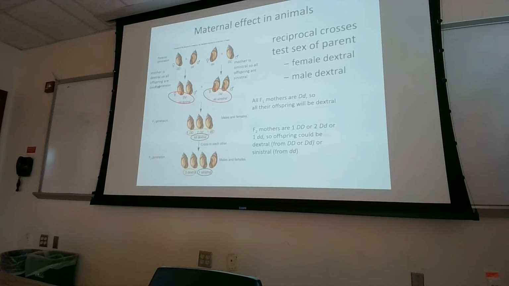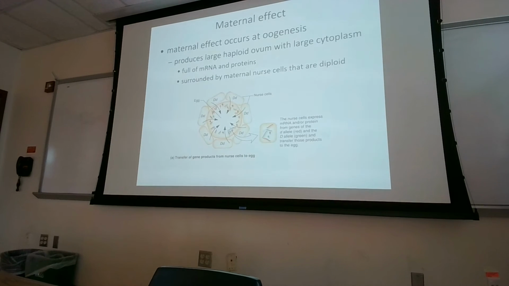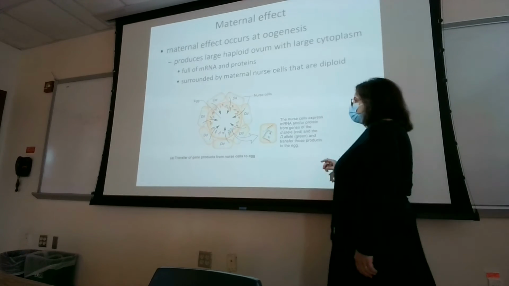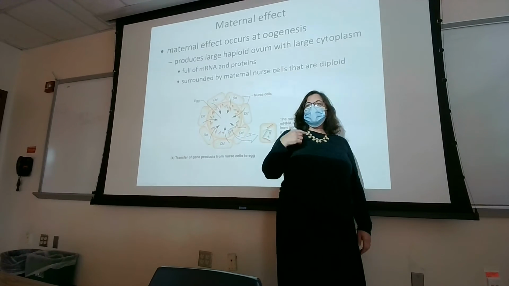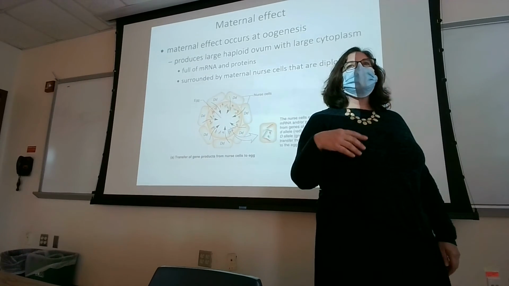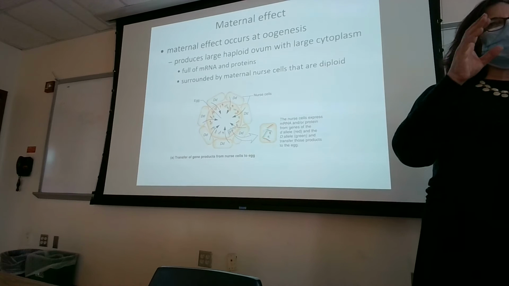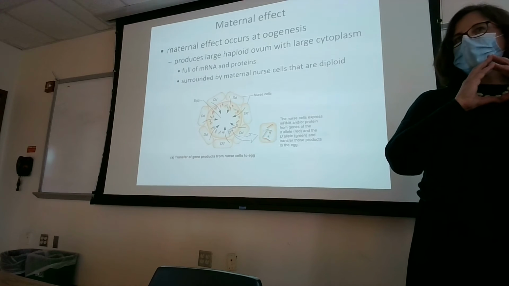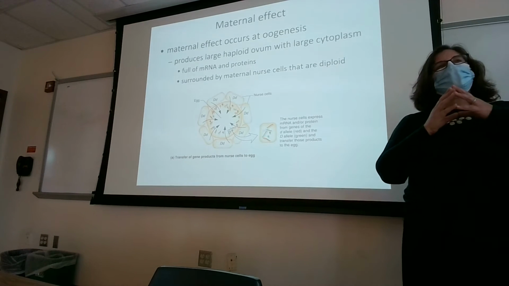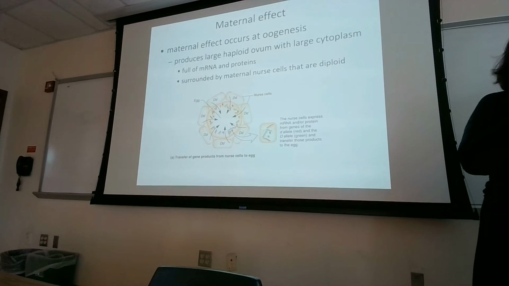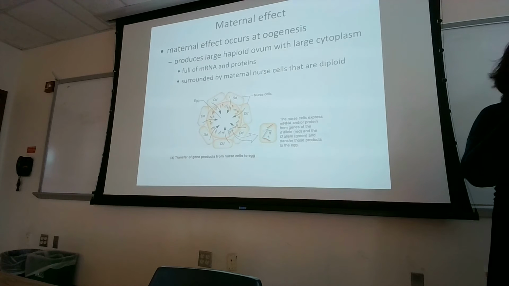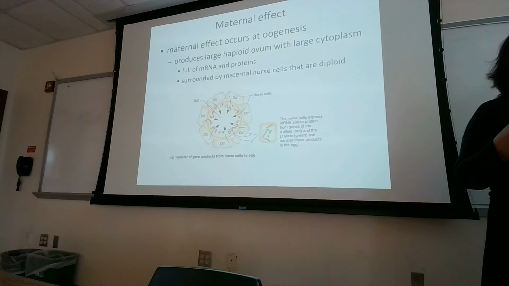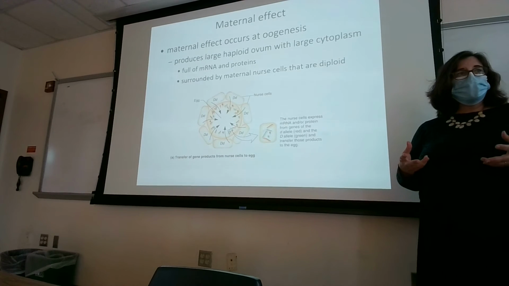Now let's look a little bit at the molecular reason for this maternal effect. All right, so this is the egg, and the egg is not alone, right? The egg is surrounded by a follicle. During ovulation, the follicle matures and starts producing all of these proteins to get the female body ready for pregnancy.